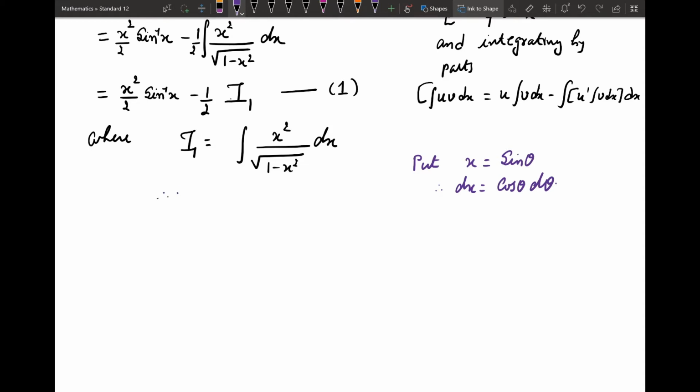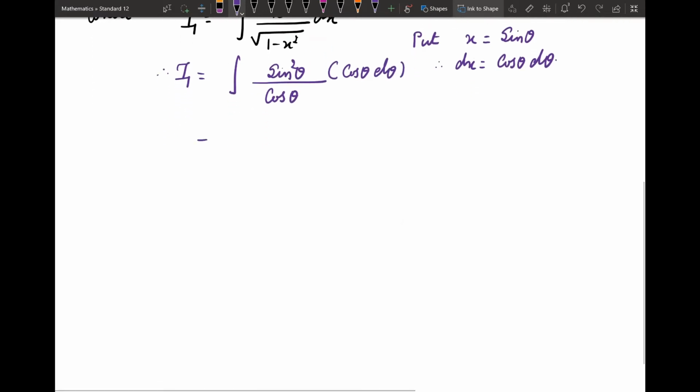So I1: x square is sine square theta, 1 minus sine square is cos square, dx is cos theta d theta. So I1 is nothing but sine square theta d theta, and we know how to integrate this.